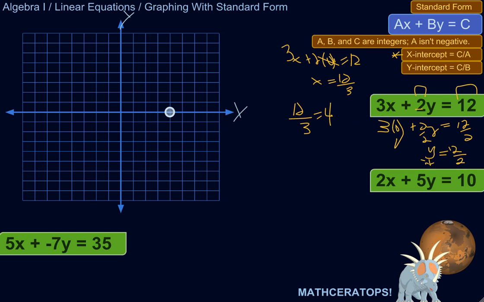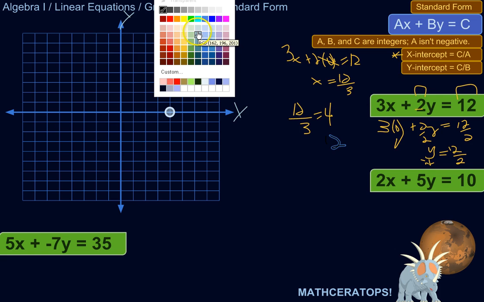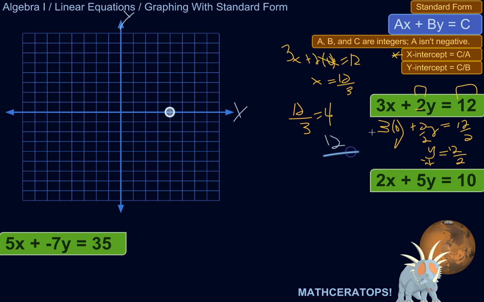And then the y-intercept is c over b. So 12 over b, and b is 2. So the y-intercept is 6. 12 over 2. 1, 2, 3, 4, 5, 6.